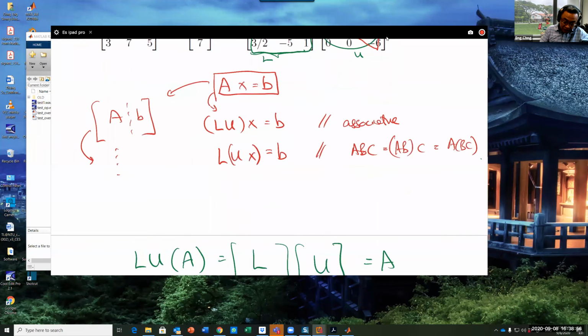So how do we save it? We are going to do it this way. I'm going to call this y first. So let's say Ly equals b. So the first step is to solve for y.